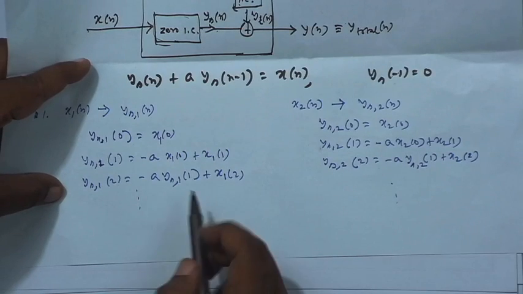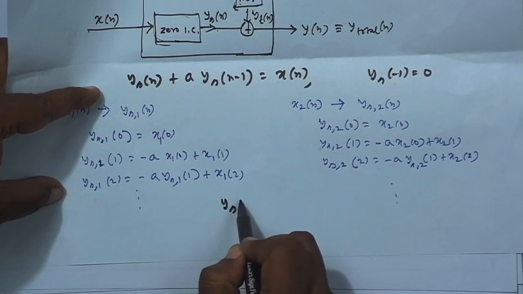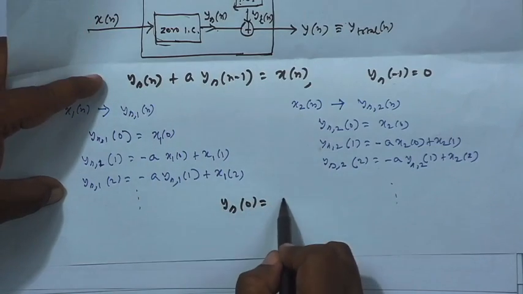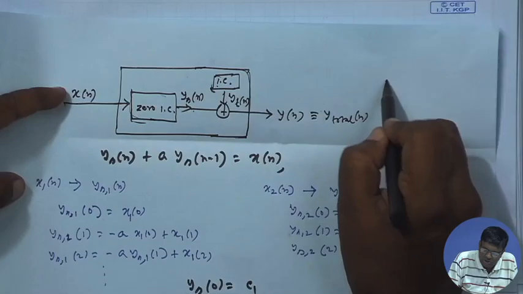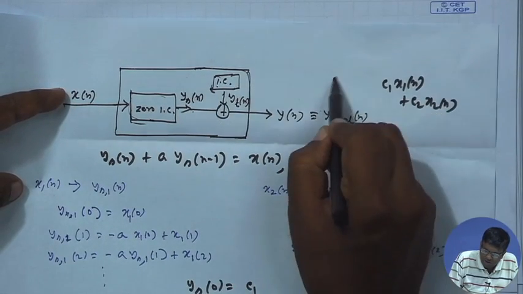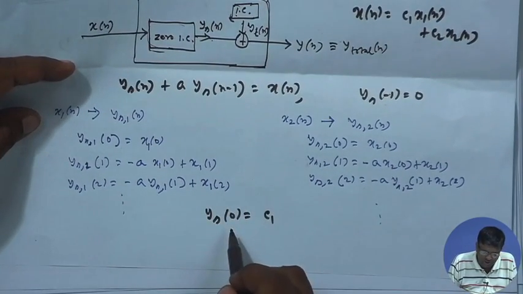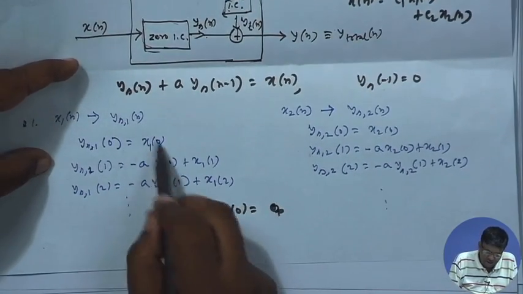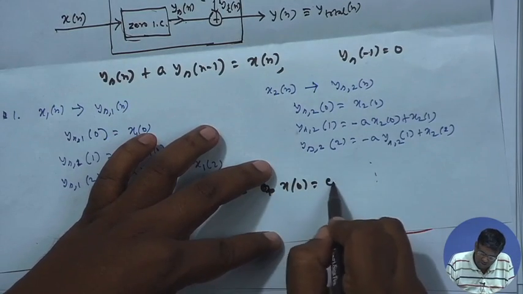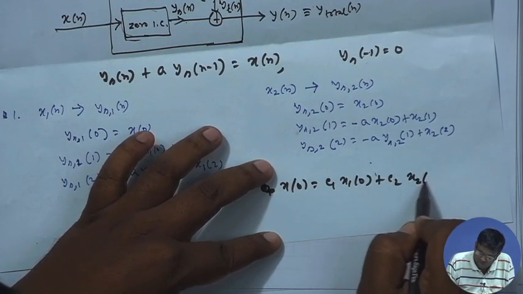You are giving the input c_1 x_1[n] plus c_2 x_2[n] and we are calling it x[n]. The corresponding output y_s[0] will be the new input x[0], which is c_1 x_1[0] plus c_2 x_2[0].